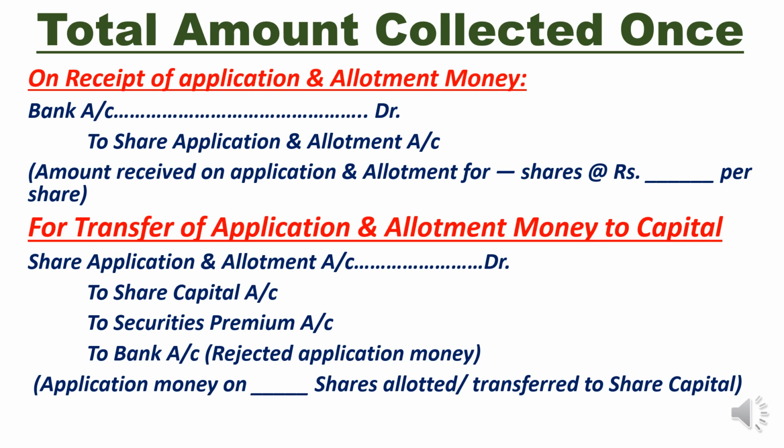Securities premium, if we are collecting any premium towards the issue of shares, that will be transferred to securities premium account. Suppose we have received any excess application money, if we are rejecting it, then it will be transferred to the bank account, to be returned through bank to the applicants. So that is rejected money. Clear?